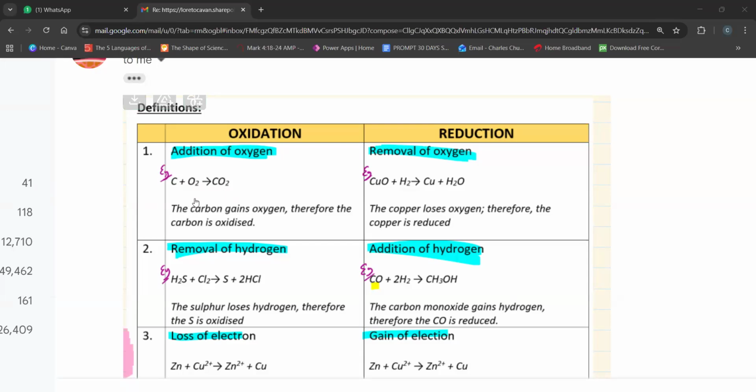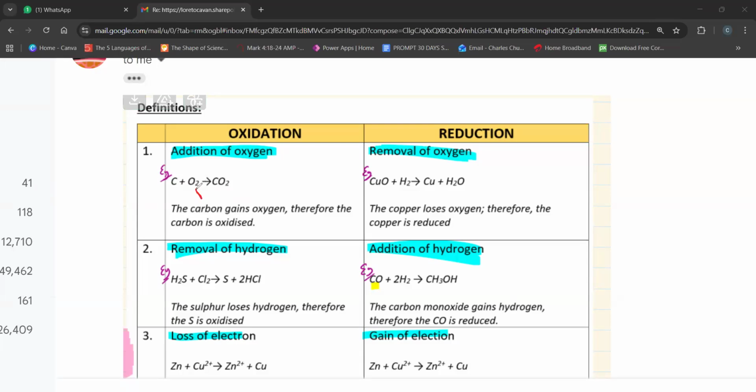For instance, this is a very popular equation: carbon plus oxygen. And there's something I always say: whenever you're dealing with a gas and you're writing down the equation of that gas, always remember that the atoms of that gas never stand alone.